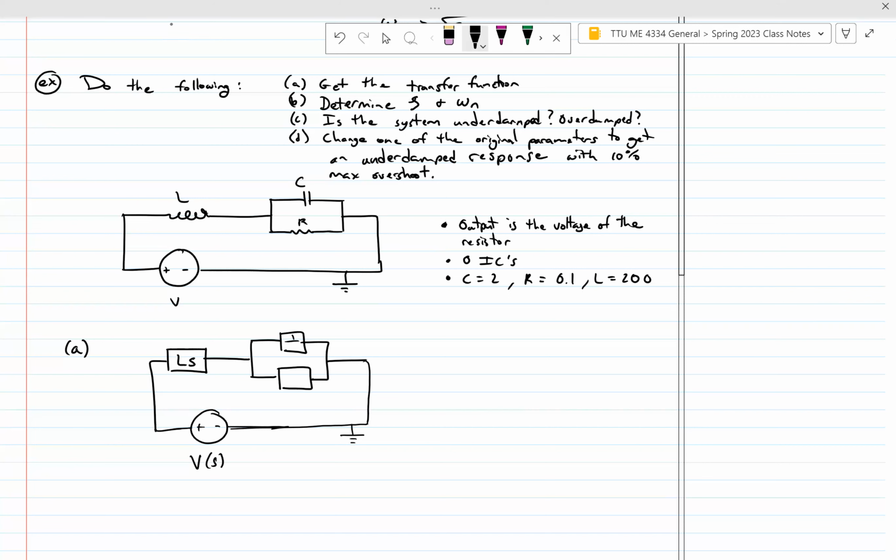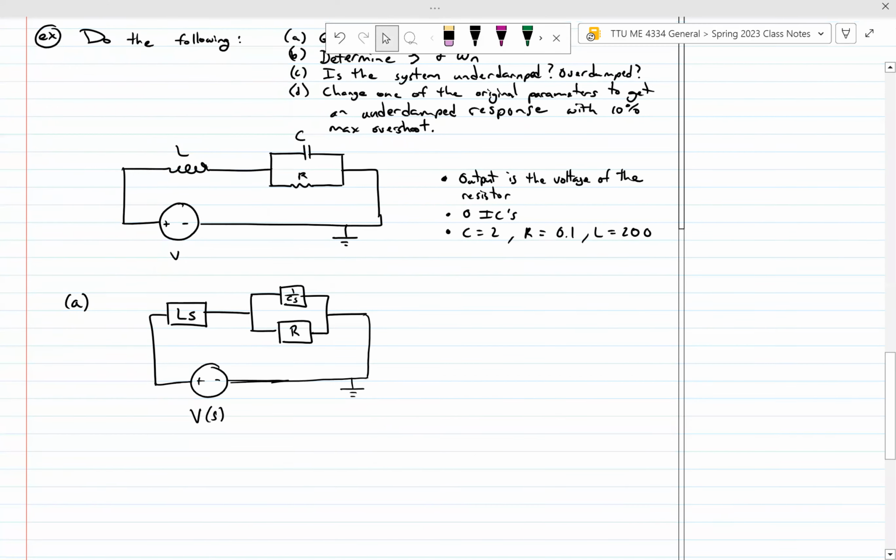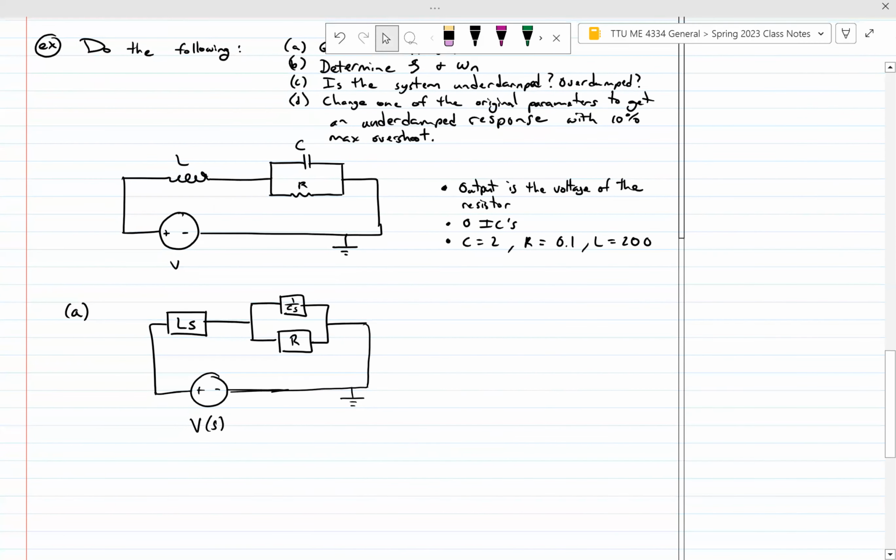LS, 1 over C times S. And then resistors are easy. It's whatever the resistance is, right? Okay. Good start.